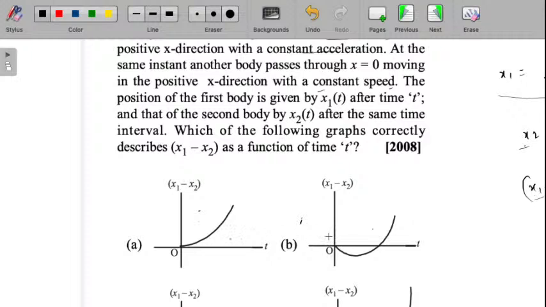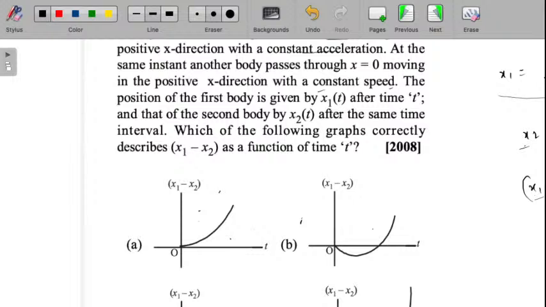So I can see here that this is a case of half a t square alone. Now I also have a minus vt. How would this graph look like? See, if I do the dy by dt, the slope of this, I'm going to have it as at minus v.